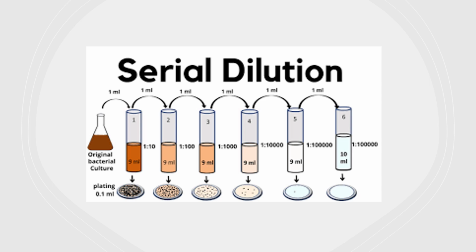Then for the second dilution, you take 1 ml and put it again in 9 ml of water, so the second dilution is 10 to the power minus 2, that is 1 in 100. Then the third dilution is 1 in 1000. In this manner, it is done. Suppose till the last step you have done till 10 to the power 4, then you can keep your dilution factor as 10 to the power minus 4. Okay.